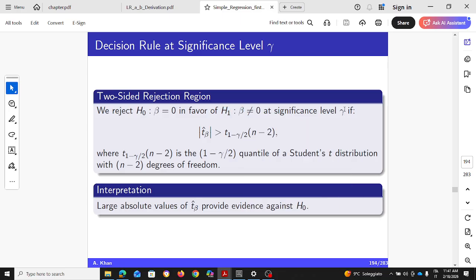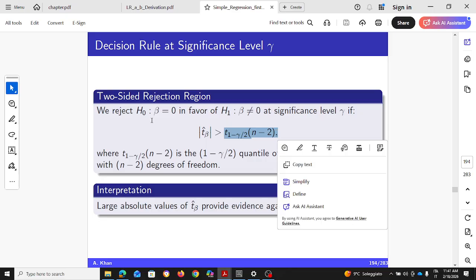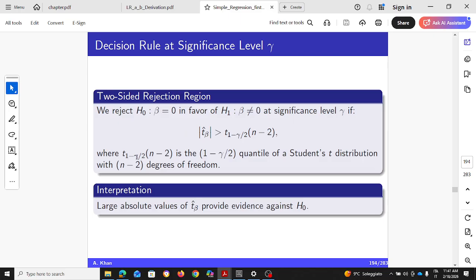So what would be that condition? The condition would be that the absolute value of the t-test is greater than this quantile of the t distribution. If this is true, then we reject the null hypothesis and we accept the alternative. So if this value is bigger than this, we reject the null hypothesis and we accept the other one.